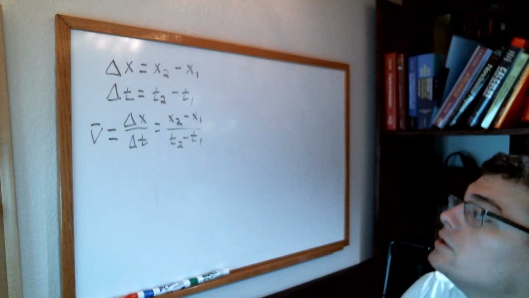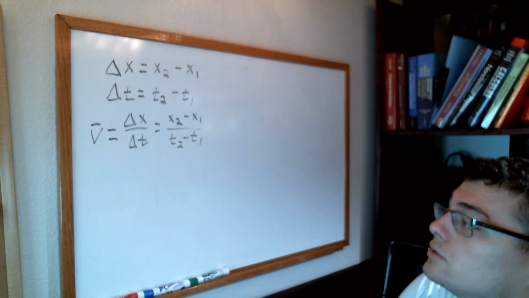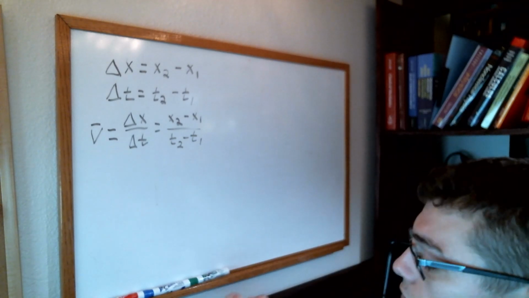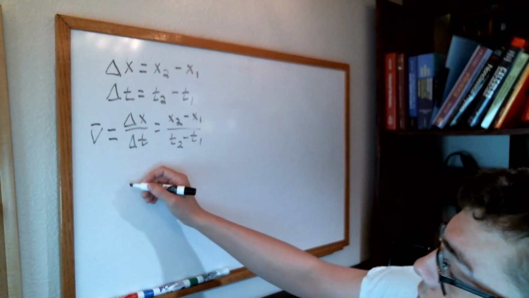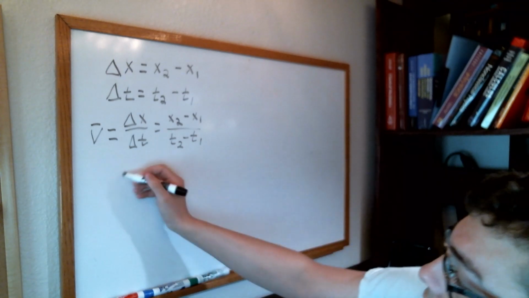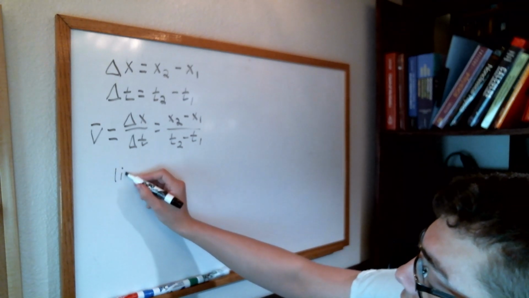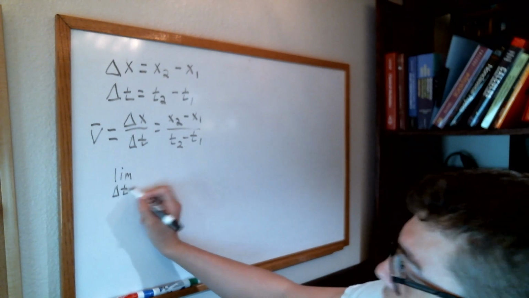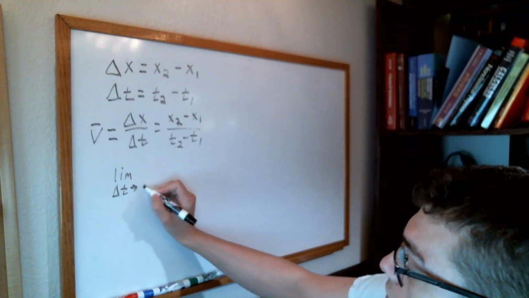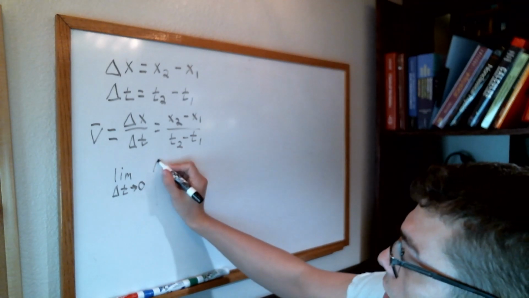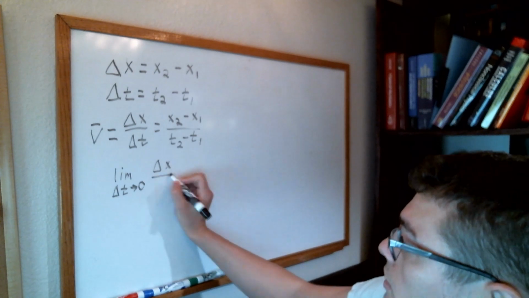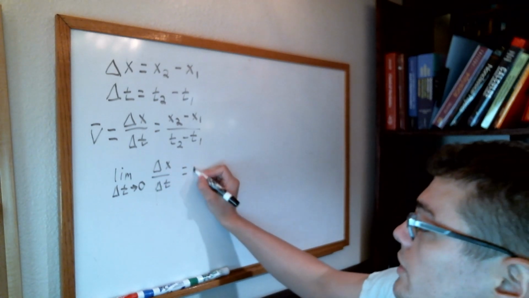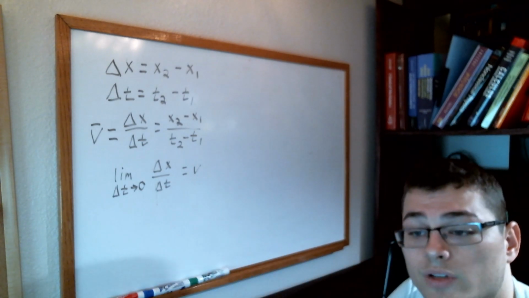Now, if we were to involve a little bit of calculus with this, what we could end up doing is we could take the limit as delta t approaches 0 of delta x over delta t, and this is going to give us your instantaneous velocity.